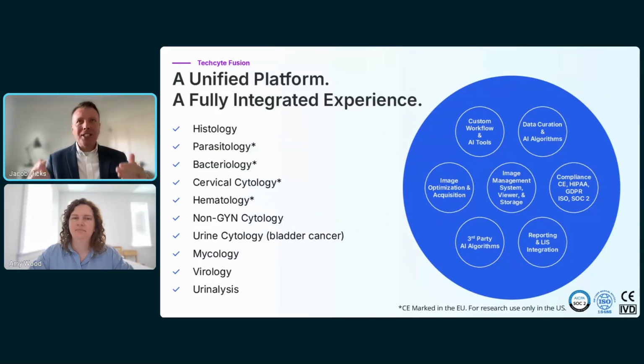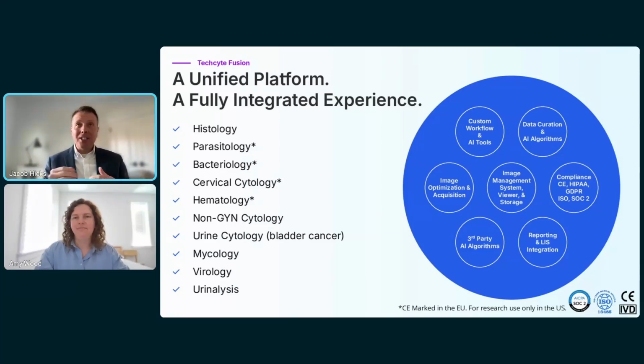On the left-hand side, you can see the various medical discipline areas in which Techcyte offers solutions. We have a histology suite, parasitology suite, bacteriology, all of these different areas where we have solutions within each of those suites to help those departments, those laboratories, to go digital and to use AI to augment their skilled technologists, their skilled pathologists' work to help them make decisions faster.